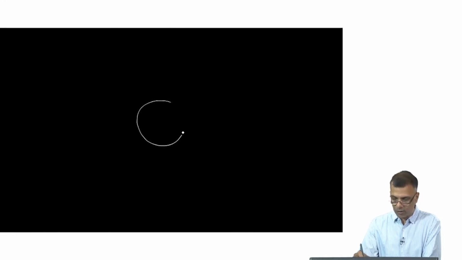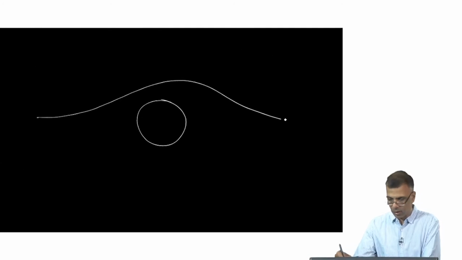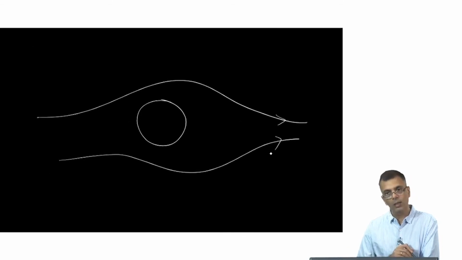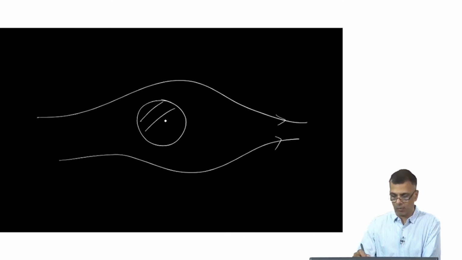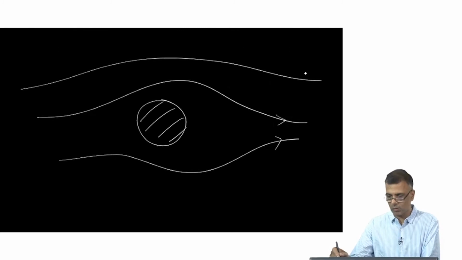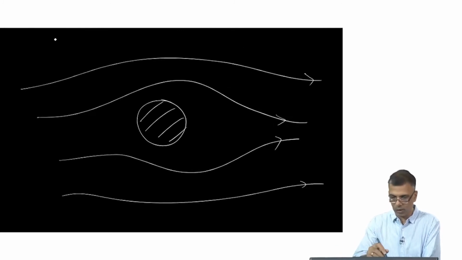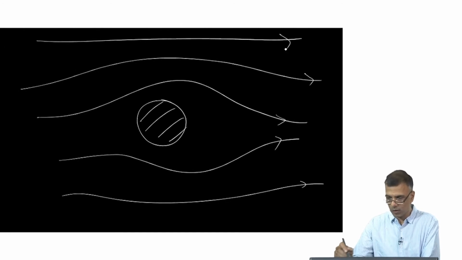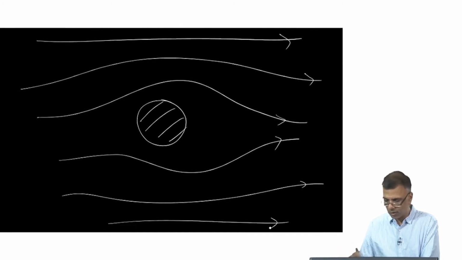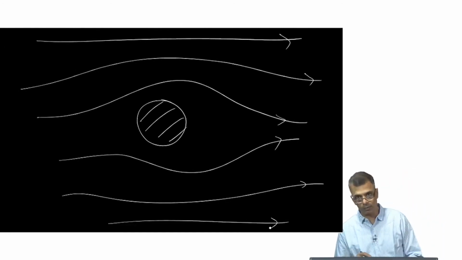This is what the flow looked like, and around a ball, say. By the time you're very far away, it's as good as straight. Now there's no circulation here.